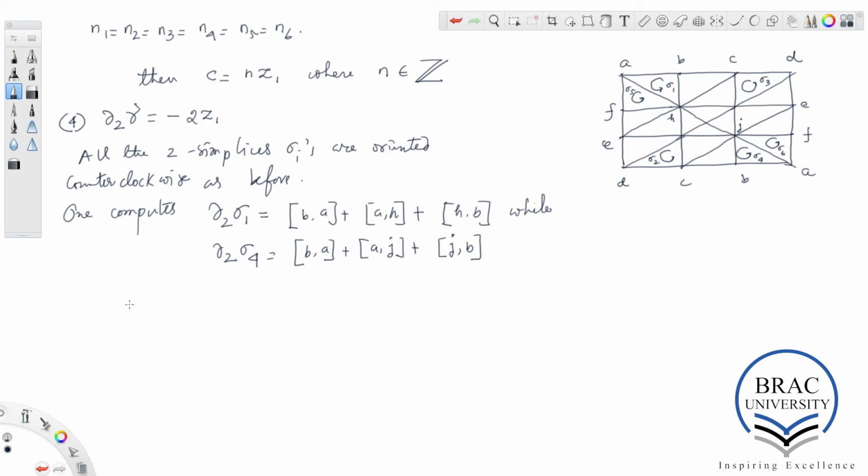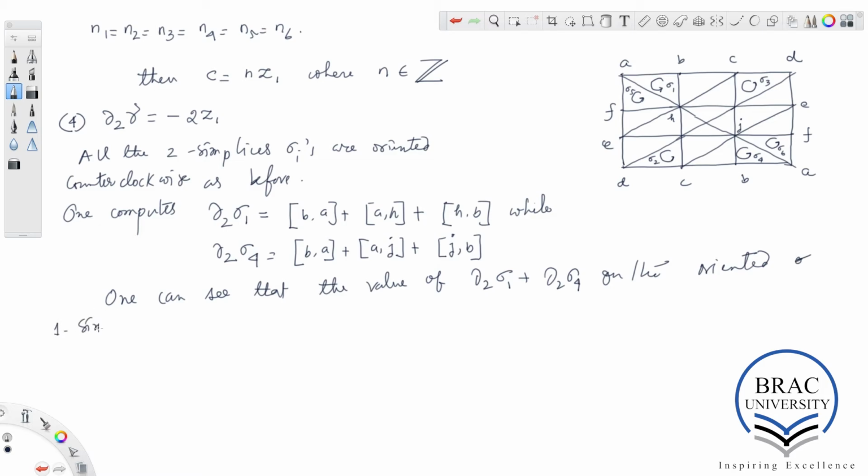Okay, one can immediately see that the value of del 2 sigma 1 plus del 2 sigma 4 on the oriented one simplex a comma b is minus 2, right?